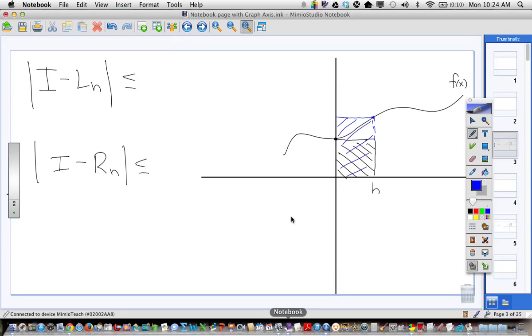So what we're going to do is head into section 6.2 now. Okay, 6.2, and this is going to be about maximum error, error bounds.